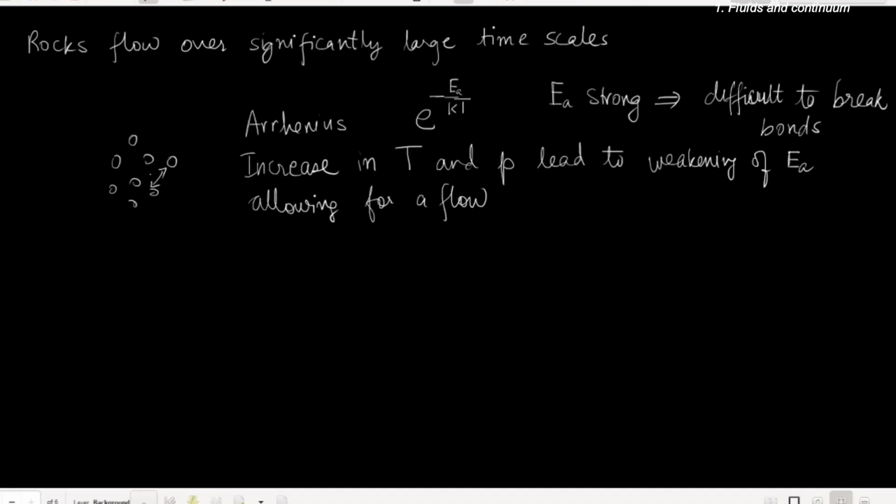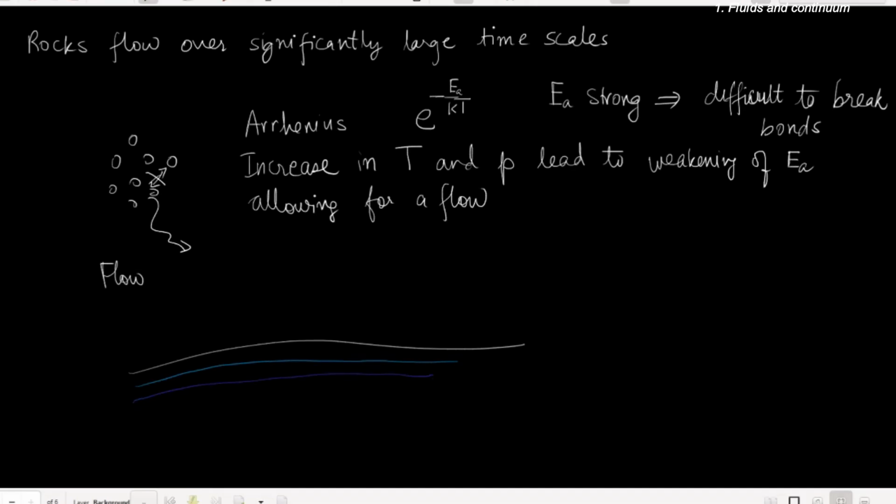Let us imagine that the stratification in the ground is as shown. There are multiple layers of rocks, and when pressure acts in this direction, there is a deformation of the layers, and this we can often see in various spectacular rock formations.